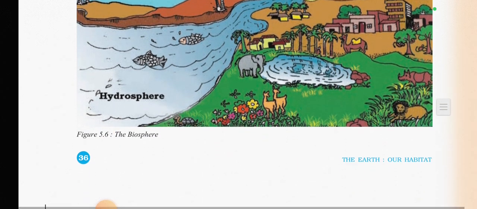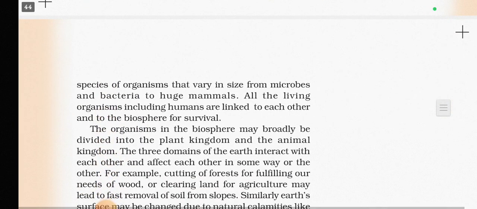There are species of organisms that vary in size from microbes and bacteria to huge mammals. All living organisms, including humans, are linked to each other and to the biosphere for survival.